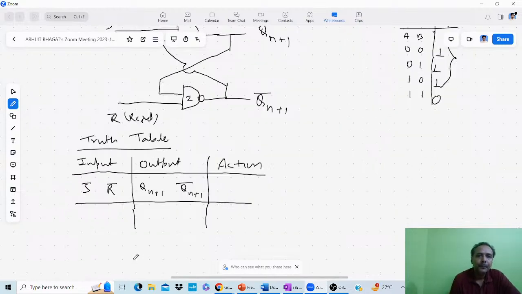Next, by using S and R, how many combinations will be there? 4 combinations: 0 0, 0 1, 1 0, and 1 1.